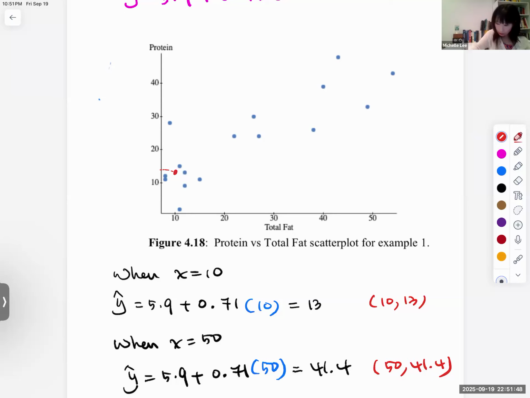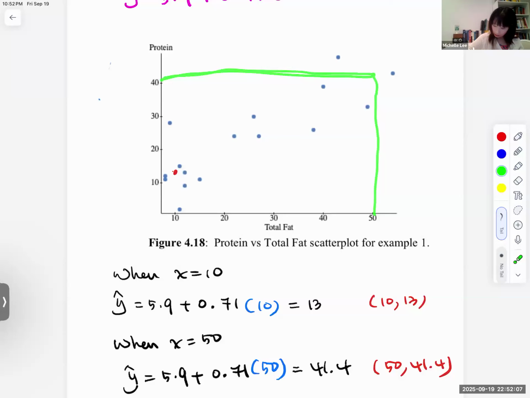Now 50 and 41.4, so maybe it's over here, right?